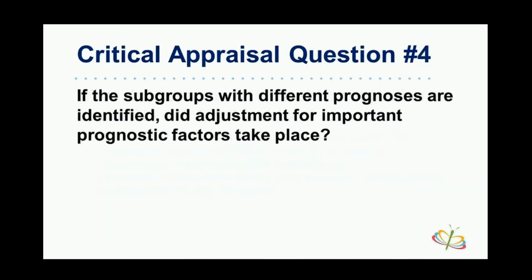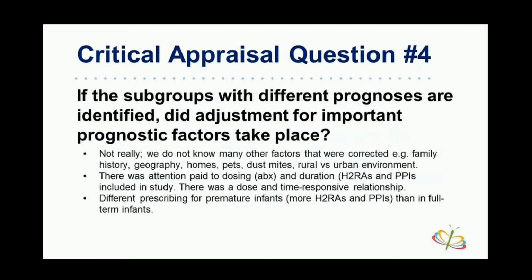All right, so if the subgroups with different prognoses are identified, did adjustments for important prognostic factors take place? So not really. One of the big downsides of doing an analysis like this is it was done in retrospective fashion and only using the EMR.